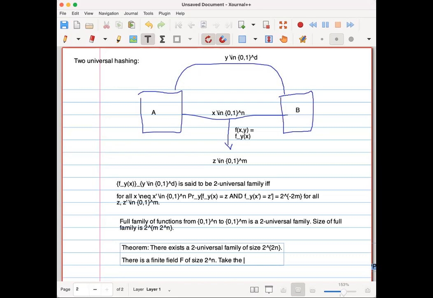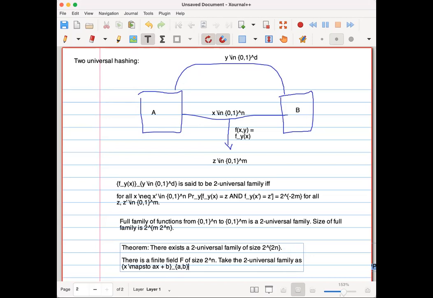Yeah, I just finished writing, and I know this example anyway. But for the other, take the two universal family as functions, which send x, where I can treat x as an element of the field F, to ax plus b. To describe a function, I just need to describe a and b.